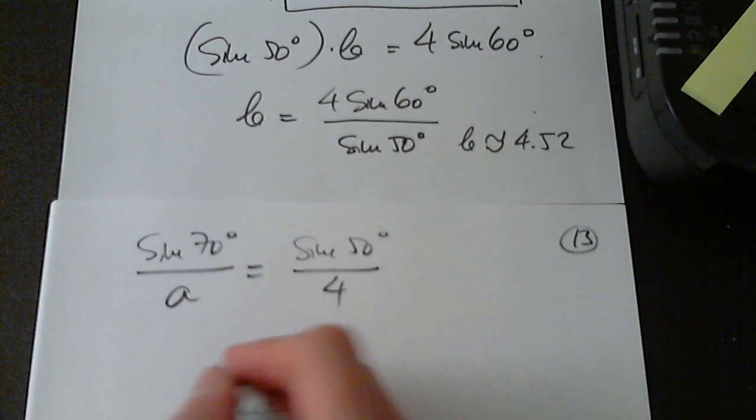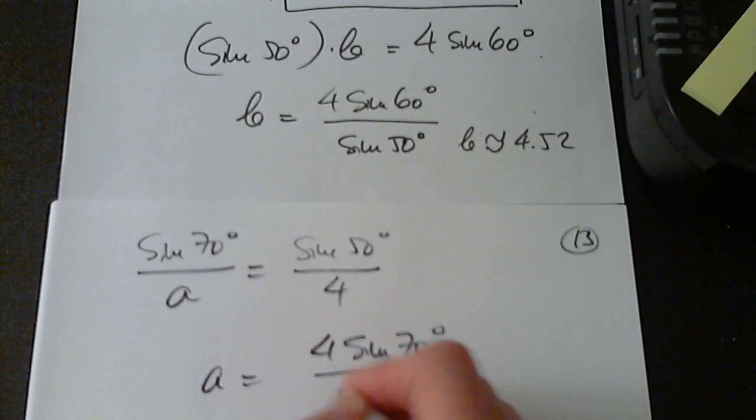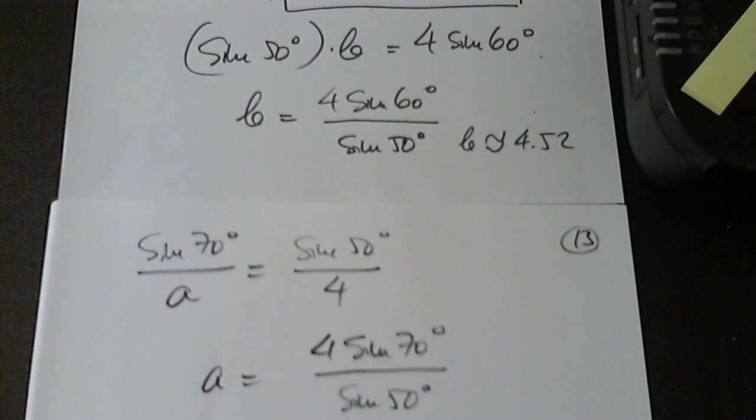Cross multiply, and I get that a equals 4 sine 70 degrees over sine 50 degrees. I go back to my calculator, and I have basically the same thing. I copy that quickly, but it's 70 instead of 60 at the top. That's it. So I got 4.91. So a is approximately 4.91.